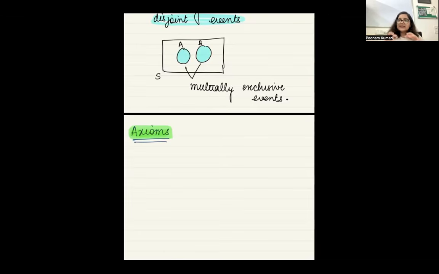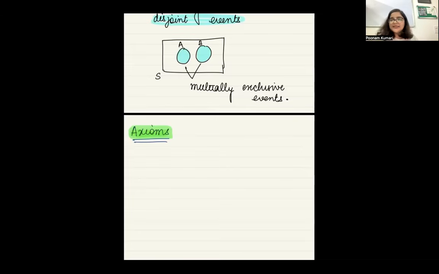So there are some basic assumptions on which everything is built. There is some foundation and everything is built on that foundation, right? Those basic things which you do not prove and you just assume to be the case are called axioms.